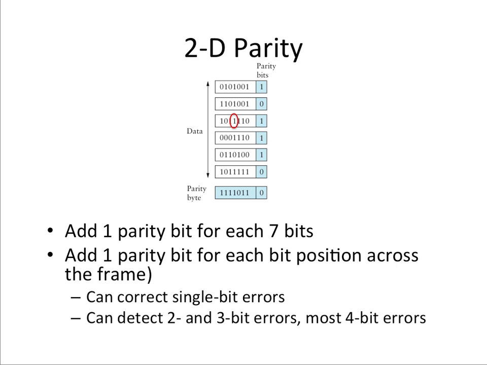How about on the parity byte? We'll be able to detect that something happened on the 4th column. So we know something happened on the 4th column, and on the 3rd row. With that information, we know exactly which bit got flipped. So what should be the next step? 3D parity?